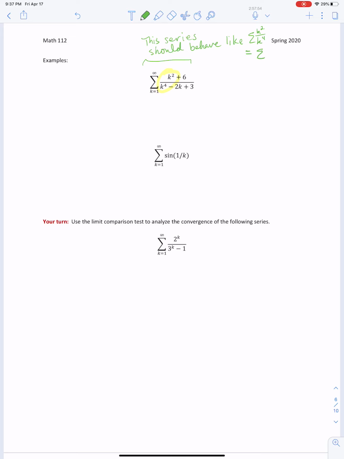Which if I simplify, that's just the sum of 1 over k squared. So that's our comparison series.